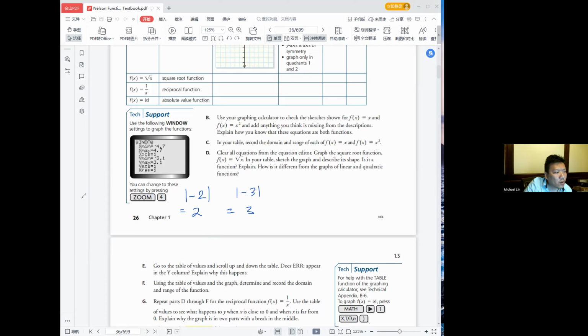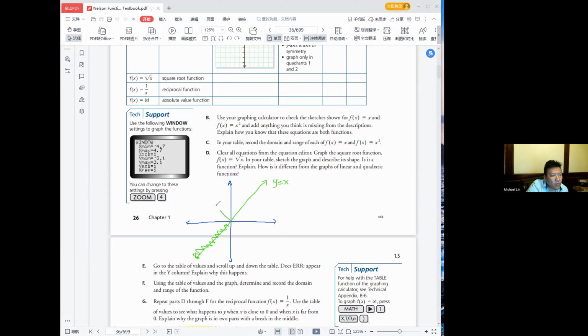Okay, so when we're looking at the graph y is equal to the absolute value of x, it looks very, very close to your graph y is equal to x. Oops, not a very good drawing. So it looks very close to the line y equals x. But instead of this negative portion, we're not going to be allowed to have this negative portion.